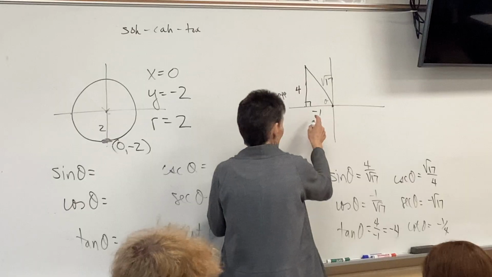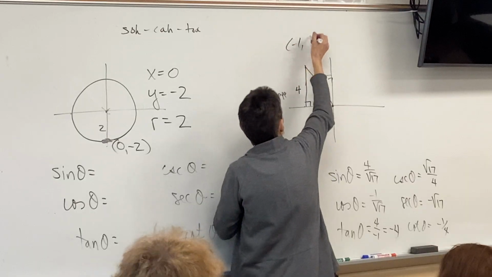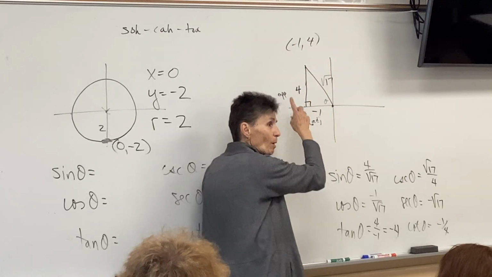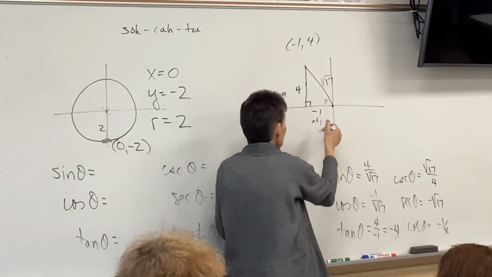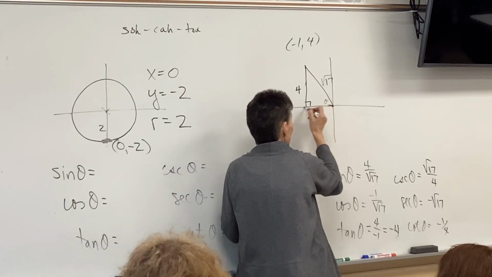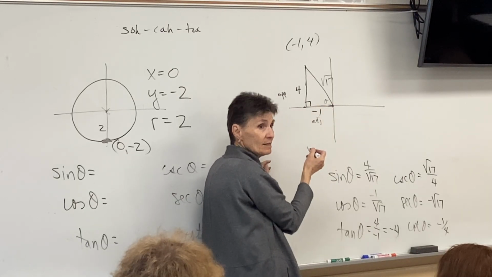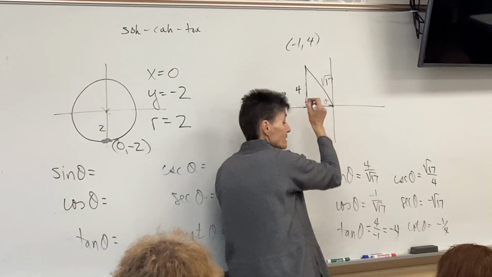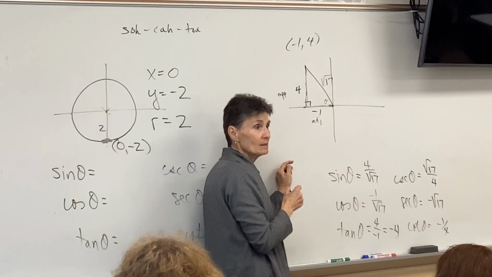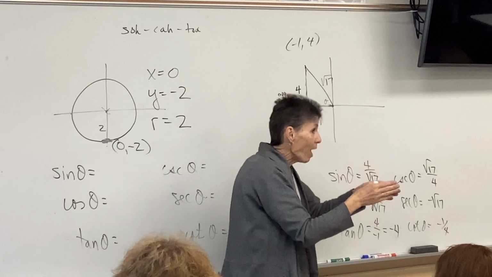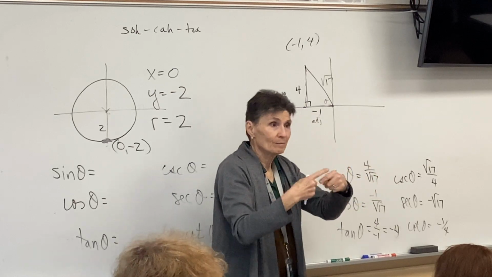Whether you noticed this or not, this was the point -1, 4 in the last problem. And every time we did this, wasn't the x the adjacent side and the y the opposite side? So opposite and y go together.